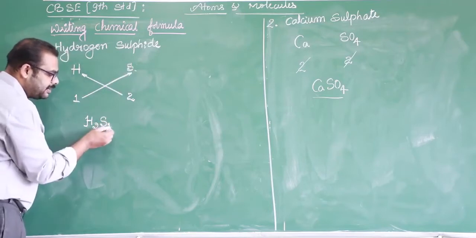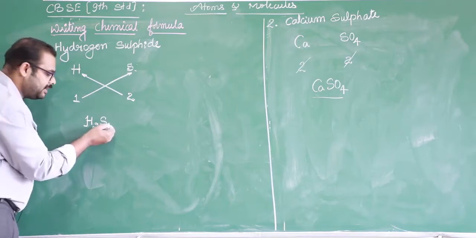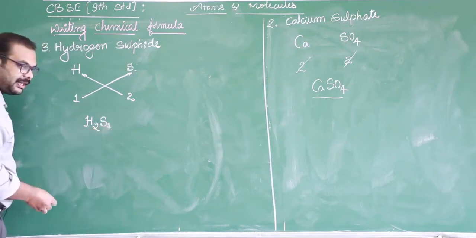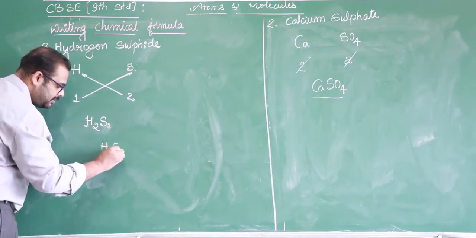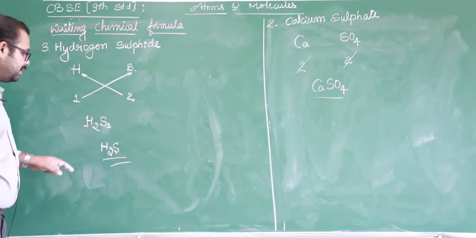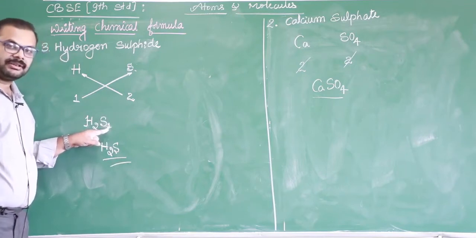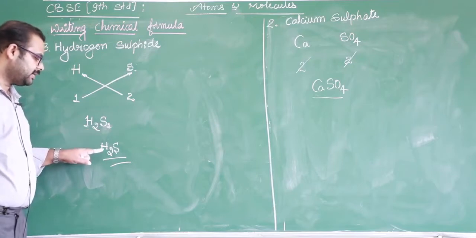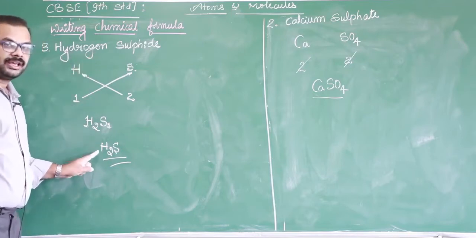Here, if you write 1 or not, there is no difference at all. Mentioning 1 is not necessary. Then we can write it as H2. It does not make any difference if you write 1 or not, so we can neglect it and write the formula as H2S. So the formula of hydrogen sulfide is H2S.